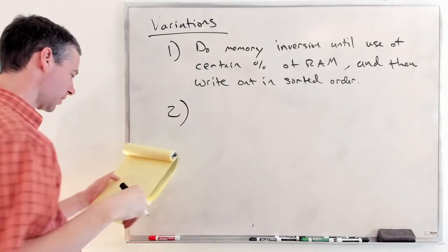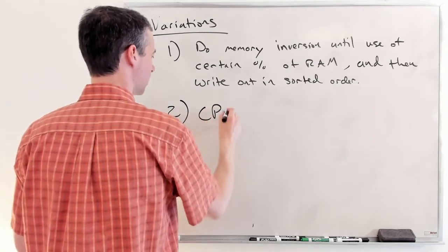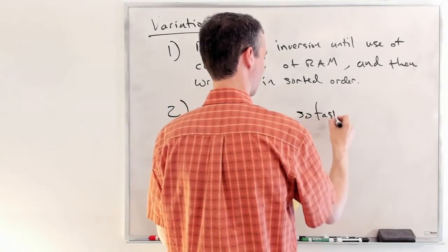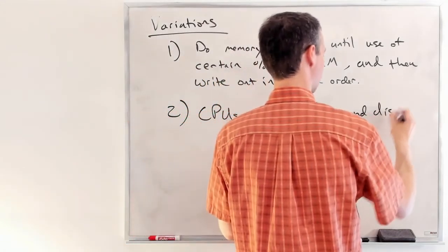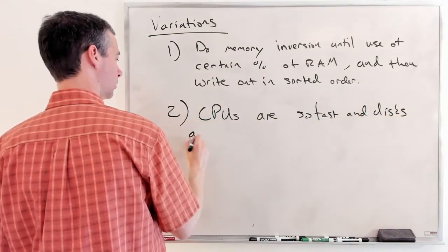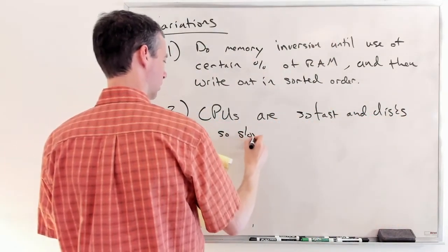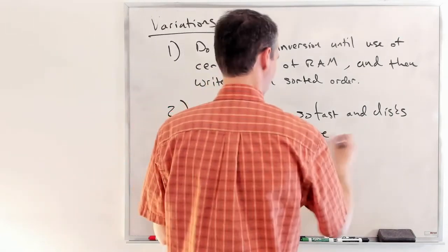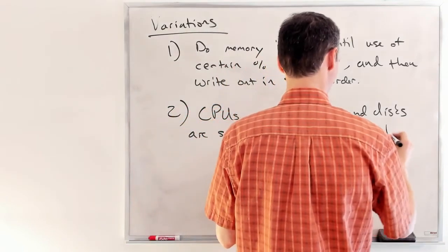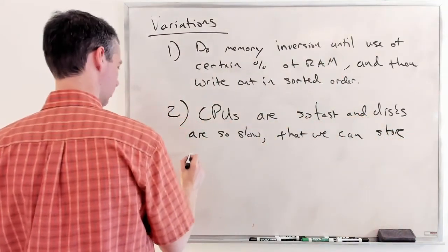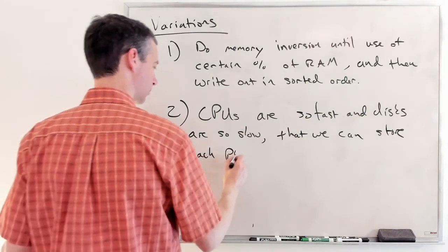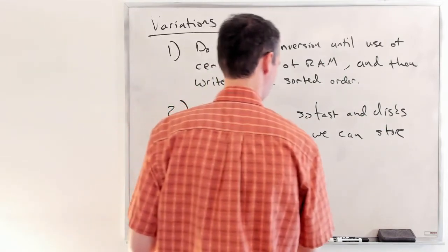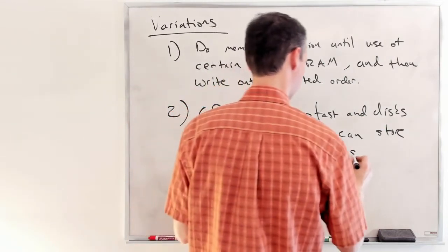Another thing that's very interesting is that CPUs, as we've talked about, are so fast, and hard drives are so slow, that we can store each posting, or postings, I guess, in a compressed format.